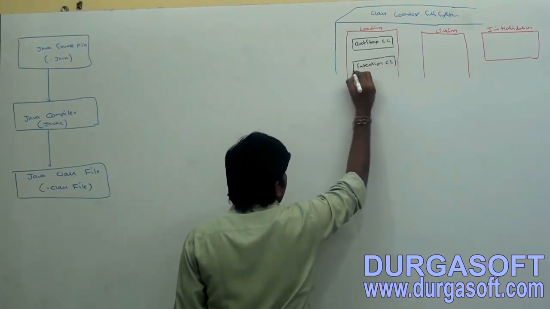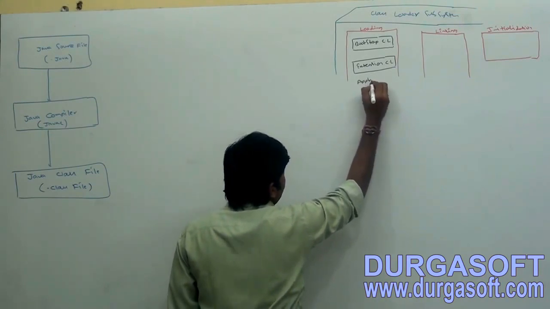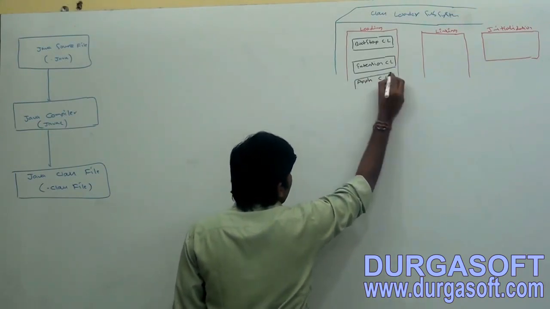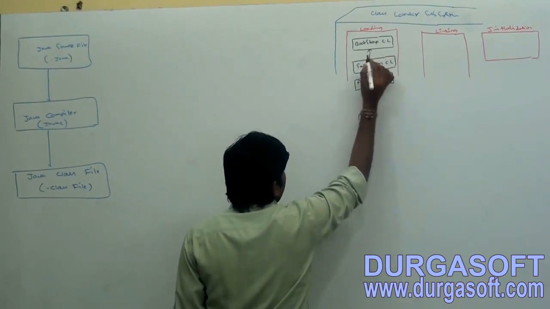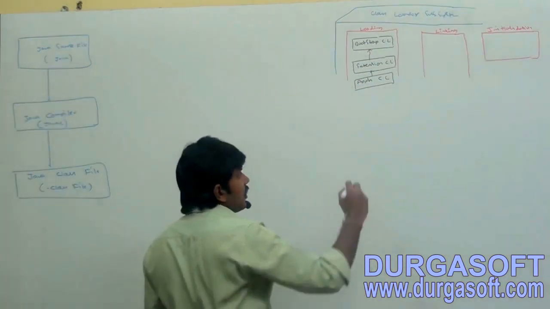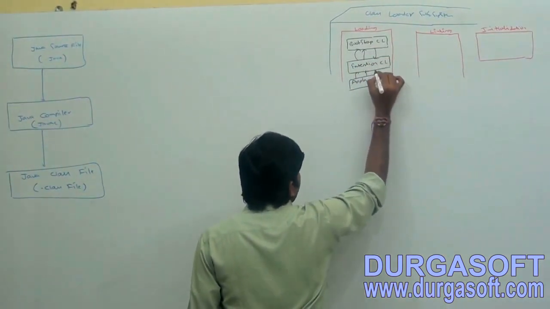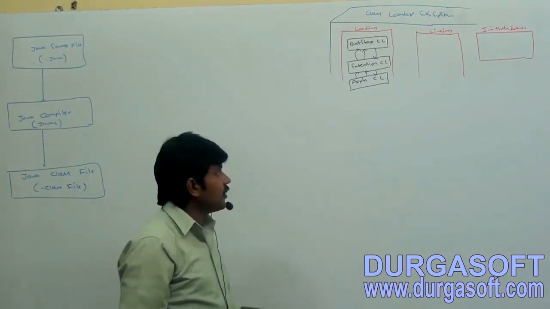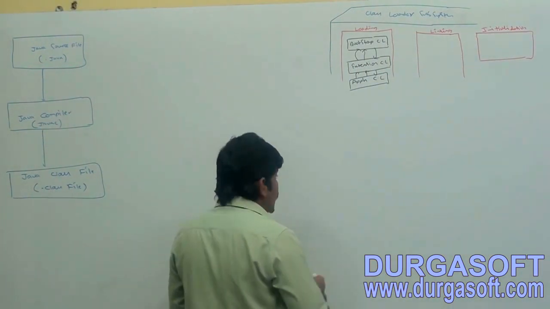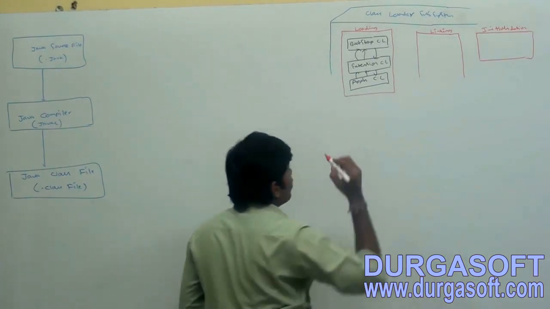The third part is the application class loader, which is the child of this one, and it follows which algorithm? Have you remembered? There is one algorithm I covered, the delegation hierarchy algorithm. These three modules are by default considered as the loading mechanism.